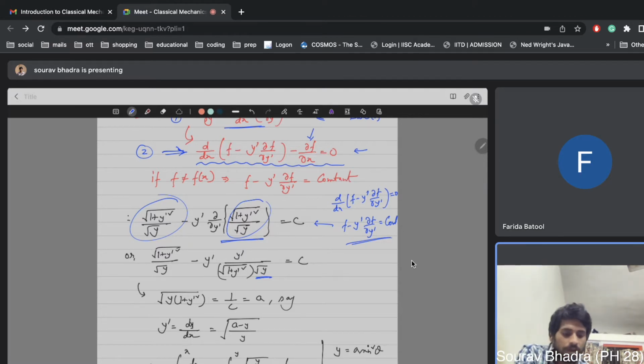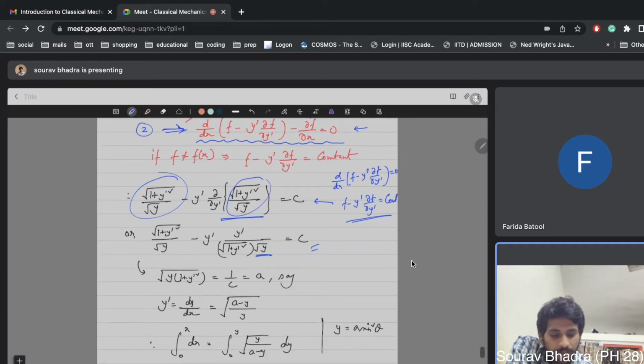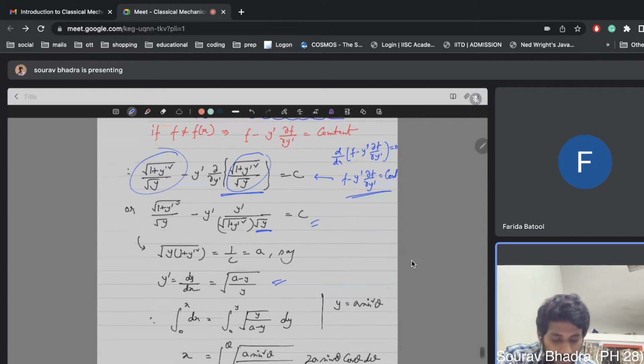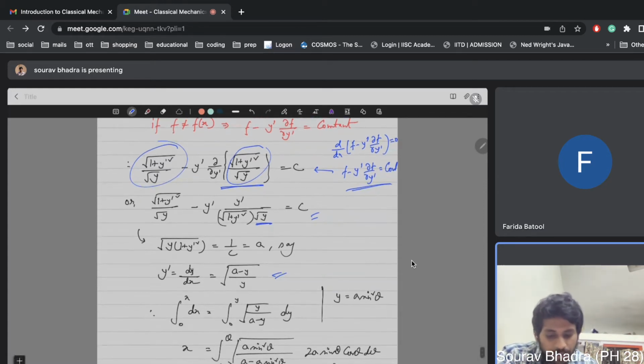If you do the derivative accordingly, we will get this expression, and from there you will reach this equation. This is just algebraic calculation, and if you are confused, then by pausing the video you can reach the equation and compare it with my equation. So this will be your equation.